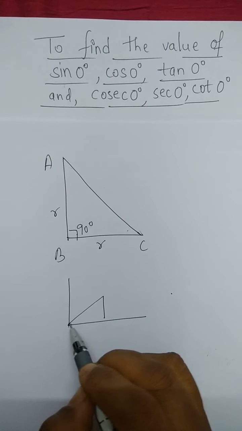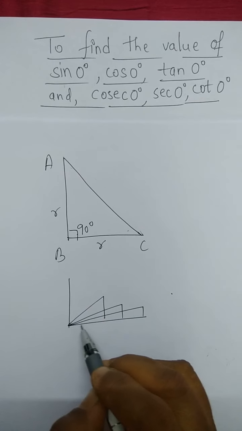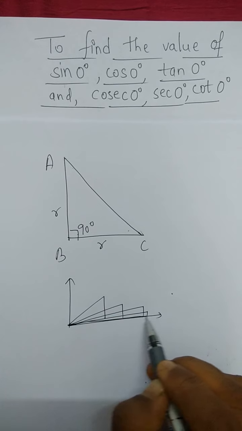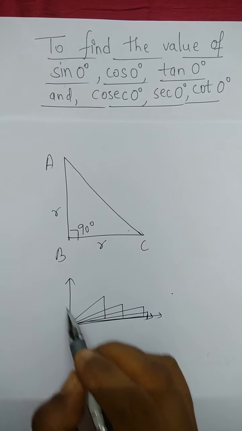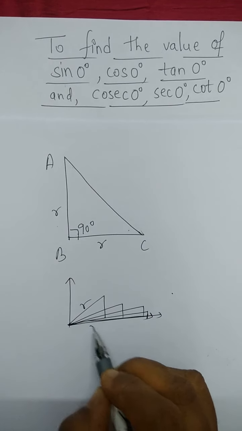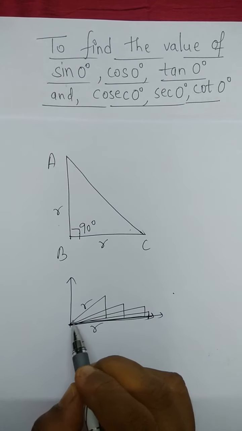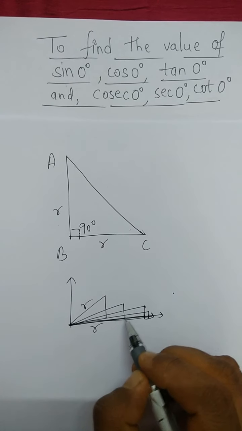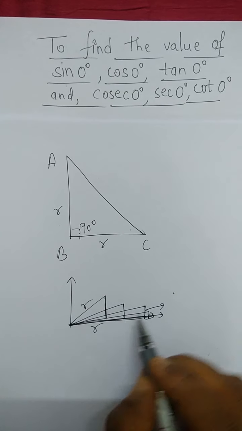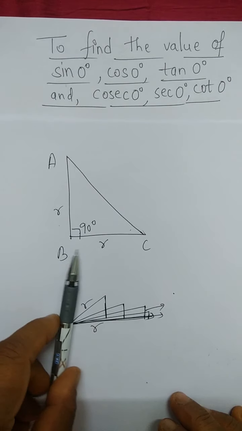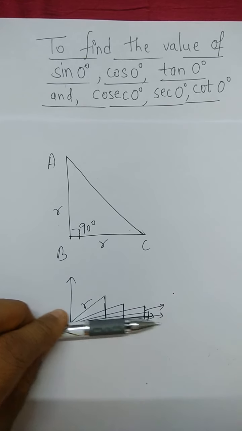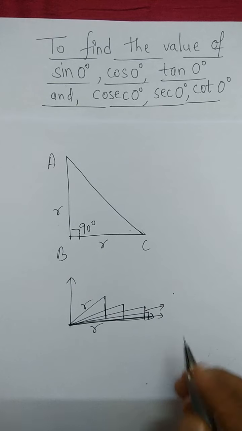Let me draw so you will understand. It will shift, and once the time comes when the angle becomes 0, this hypotenuse and base will be the same, and the opposite side will become 0. This will disappear, because when both shift over each other like this, the opposite side will become 0.